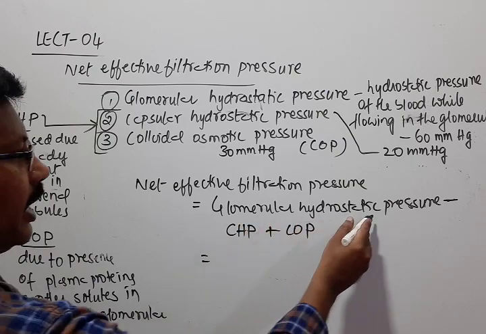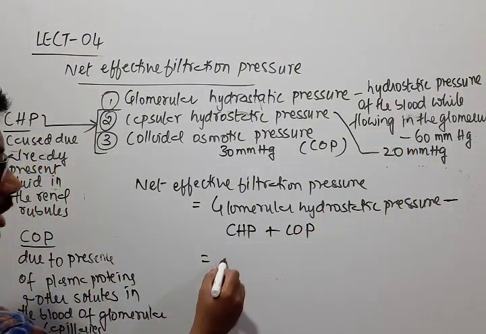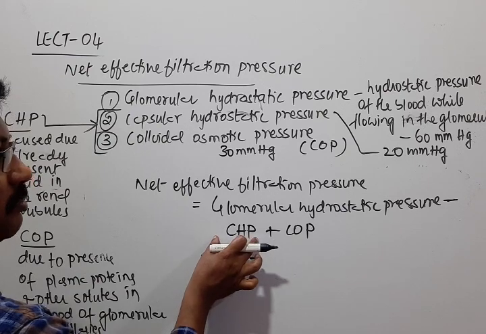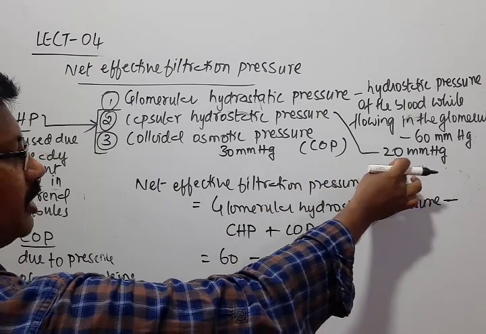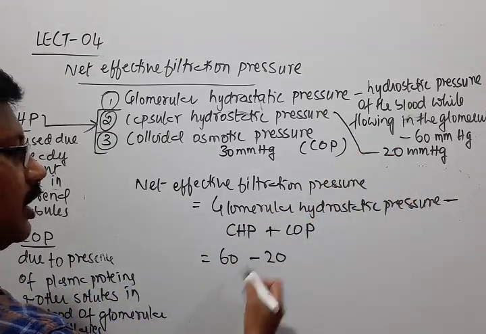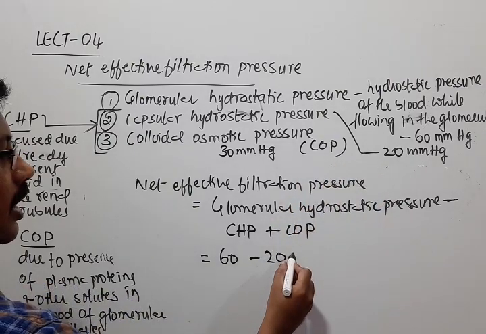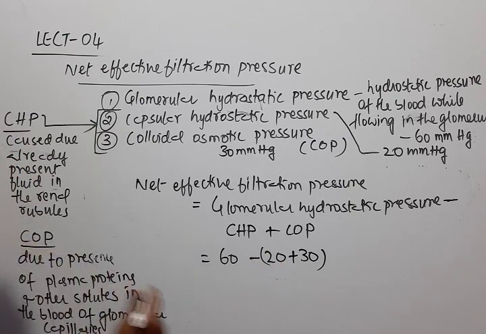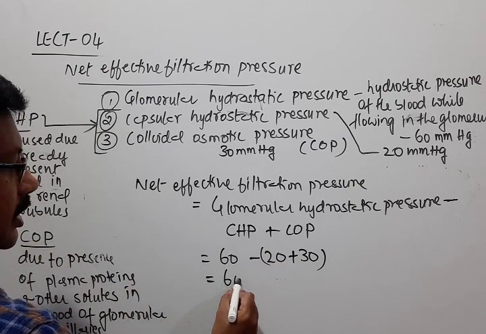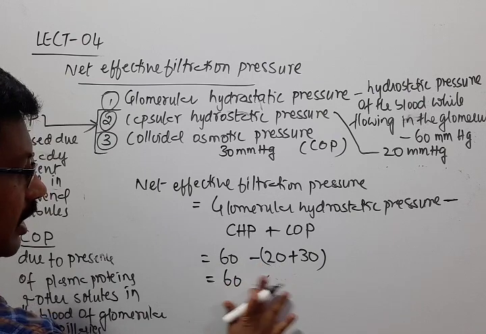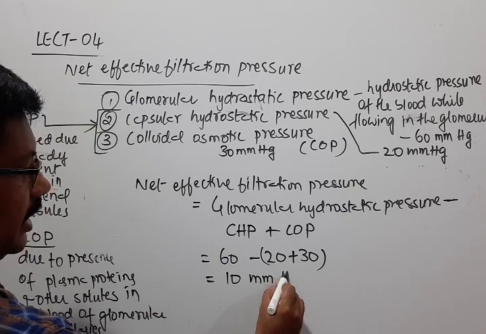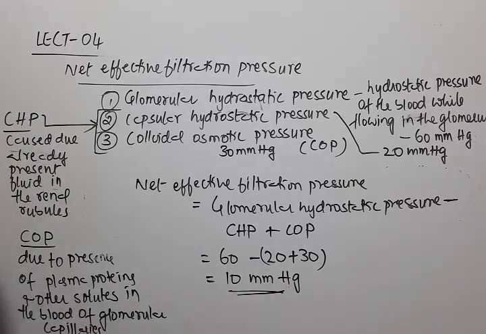We know the glomerular hydrostatic pressure is 60 mmHg, minus CHP, 20 mmHg, plus 30. So 60 minus 50, we finally get 10 mmHg. So the 10 mmHg is the net effective filtration pressure.